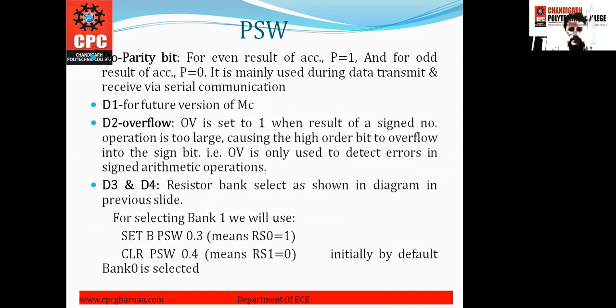By making RS0 equal to 1 and RS1 equal to 0, we can select register bank 1, but by default initially bank 0 will be selected. If you do not select any register bank, then by default bank 0 will be your selected bank.